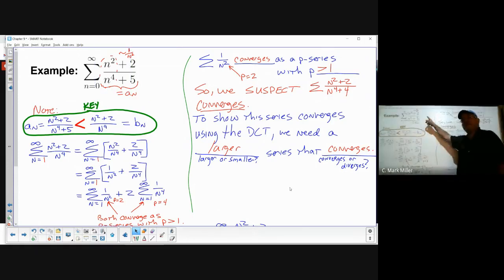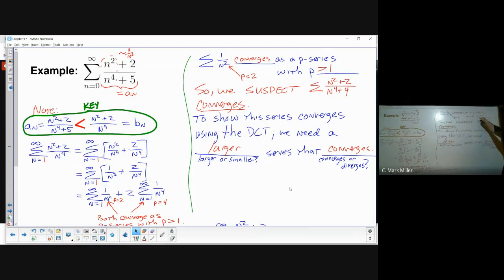That made me suspect that it converges, because 1 over n squared converges as a p-series with p greater than 1. We're using this p-series thing a lot. Greater than 1 converges. So we suspect that our series in question converges.